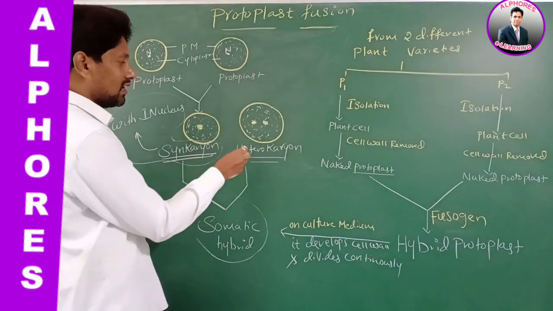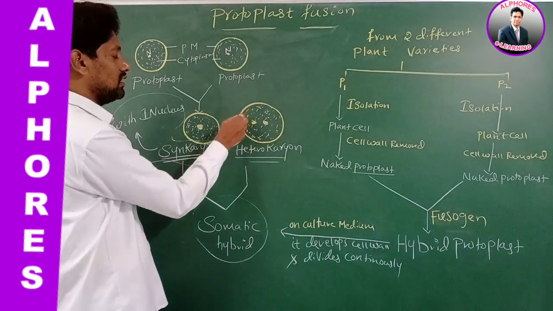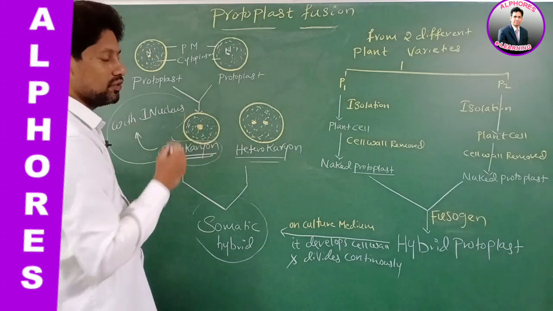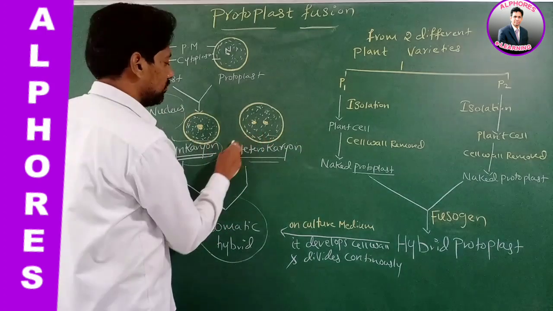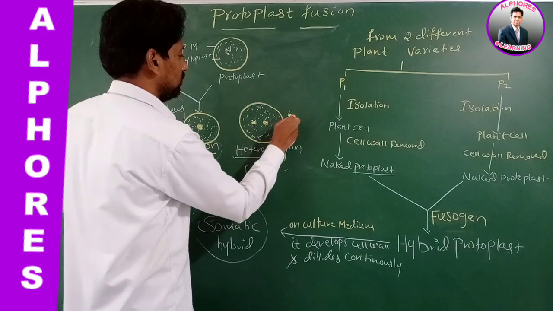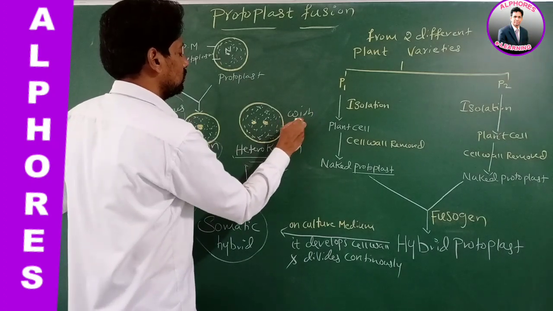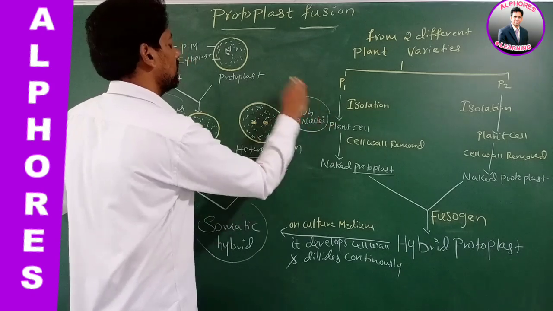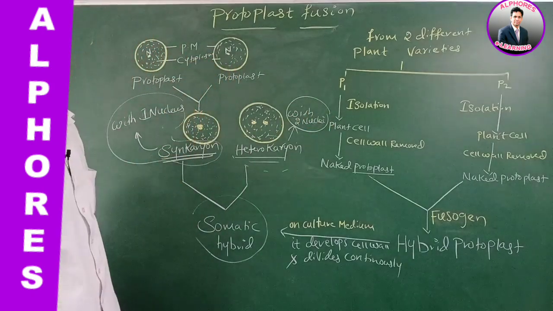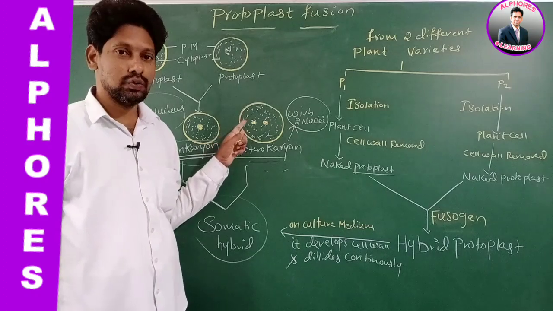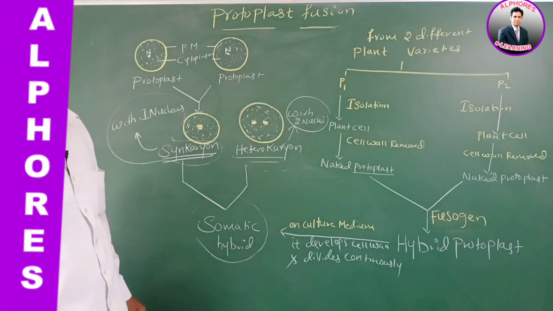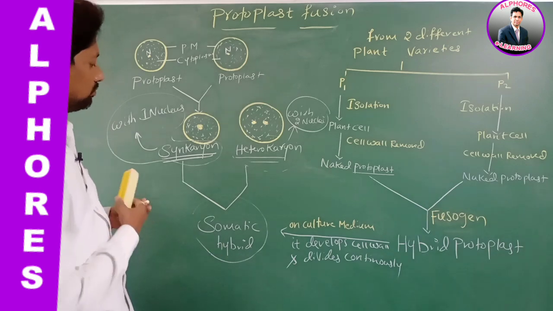Resulting in a hybrid protoplast having how many nuclei? Two nuclei. Therefore, heterokaryon is with two nuclei. Is this statement clear?